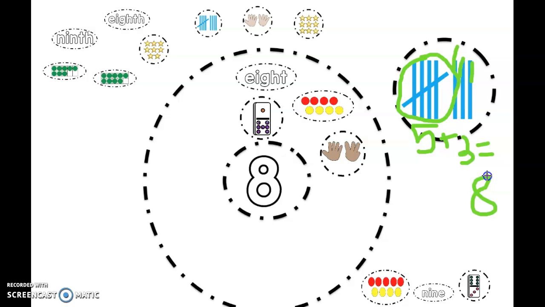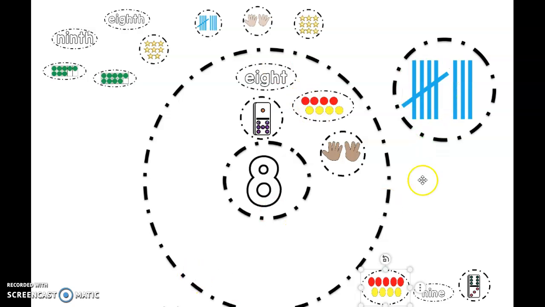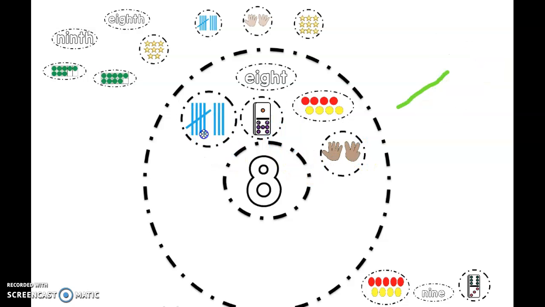So do I want it? Yes, I do. 5 tally marks plus 3 more. It looks just like the pair of hands we saw. 5 and 3 more. Good job on remembering the tally mark when it has a diagonal line like this right here. That means it's 5. I don't even have to count it because that means I already have 5. Good job. All right, I'm going to make that a little bit smaller. Move it back into our circle here because I do want it because it shows 8.